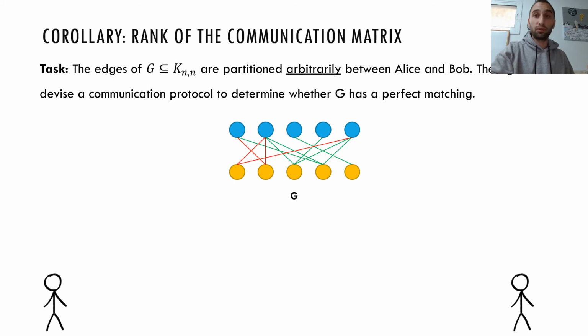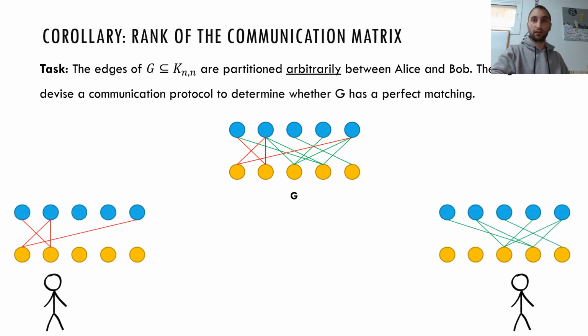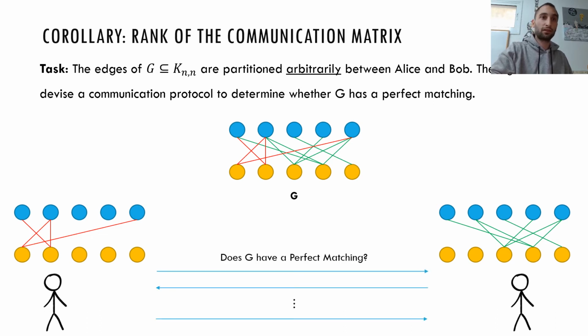Now, for every input graph G, each of our two parties, Alice and Bob, receives their share of the graph. Their goal is to communicate the fewest bits possible and arrive deterministically at the correct answer, that is, whether G has a perfect matching or not. So the communication complexity of this problem is simply the maximum number of bits communicated on the worst case input.